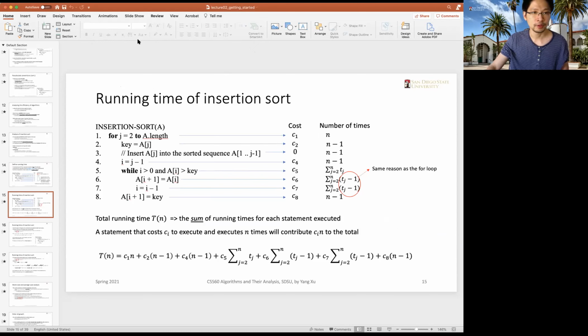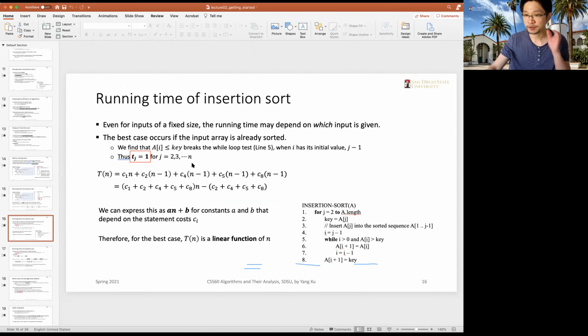Of course, we don't like the Tjs and we want to get rid of them. We have covered this slide already. We want to get rid of the Tjs case by case. In the best case, when the input is already a sorted sequence, the body of the while loop is not executed, because the while loop will only execute if the element before the key is greater than the key.